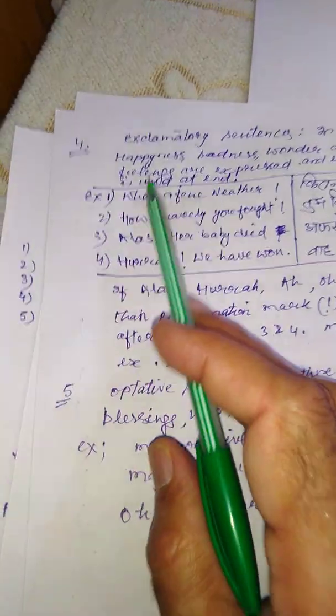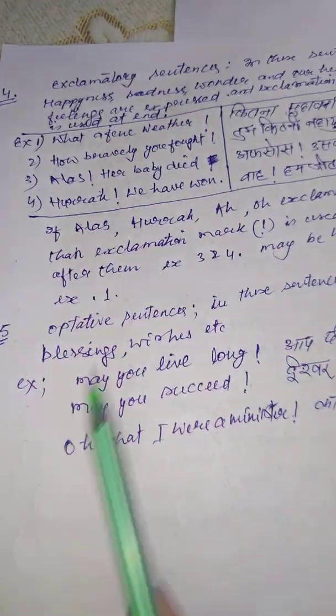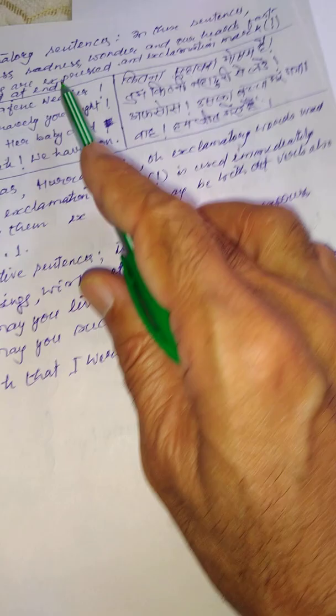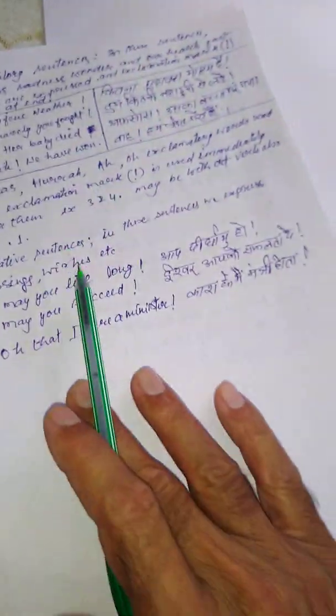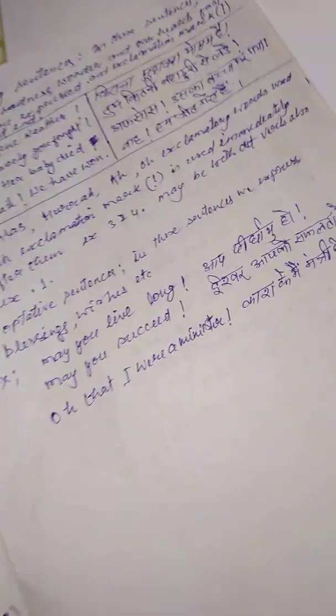Exclamatory and optative sentences. Exclamatory sentences, you know, are where we express our sudden feelings, fast feelings of the heart, happiness and sadness.